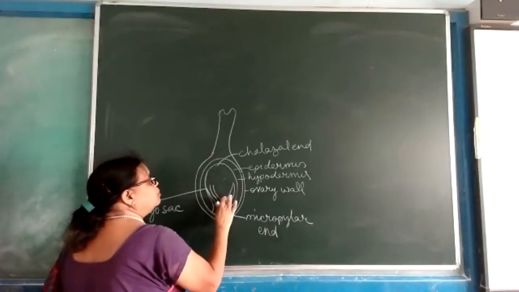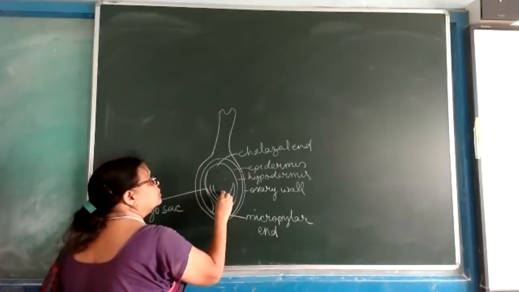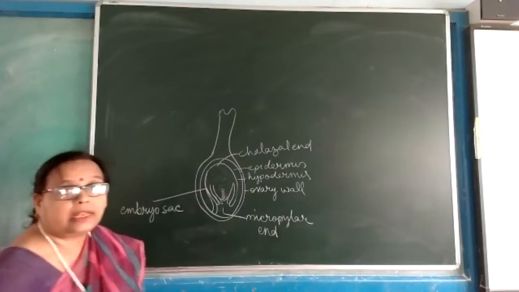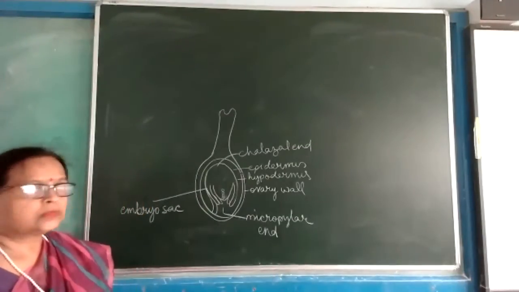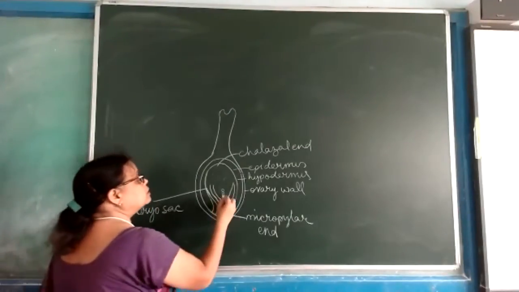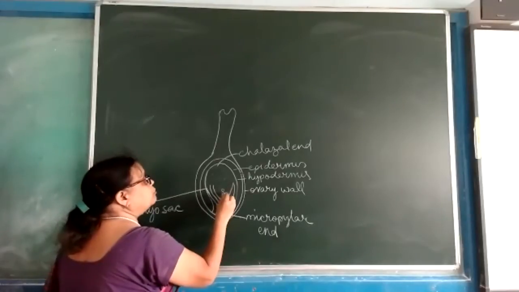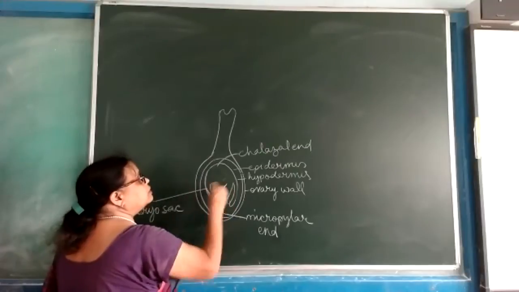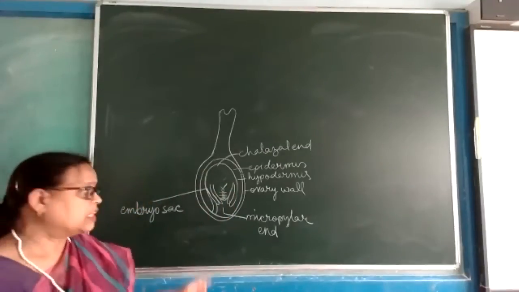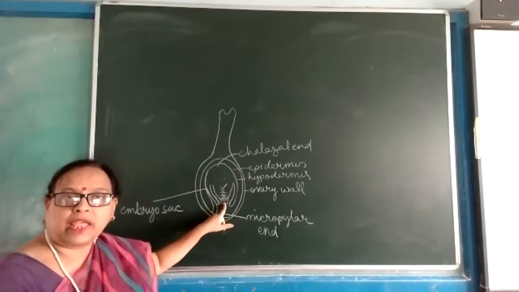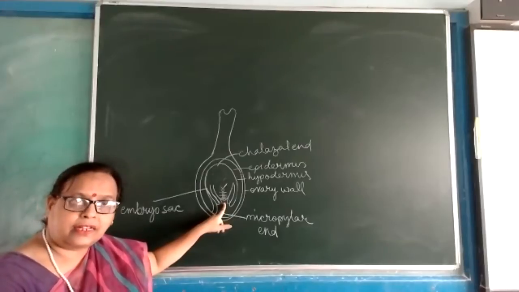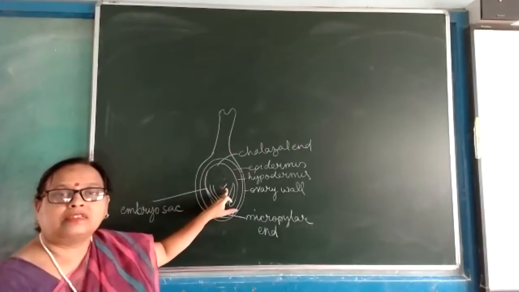When it undergoes meiotic division, it will produce 4 daughter cells in a line. 3 of them will degenerate and 1 will survive. The 3 towards the micropylar end will degenerate and 1 will survive.